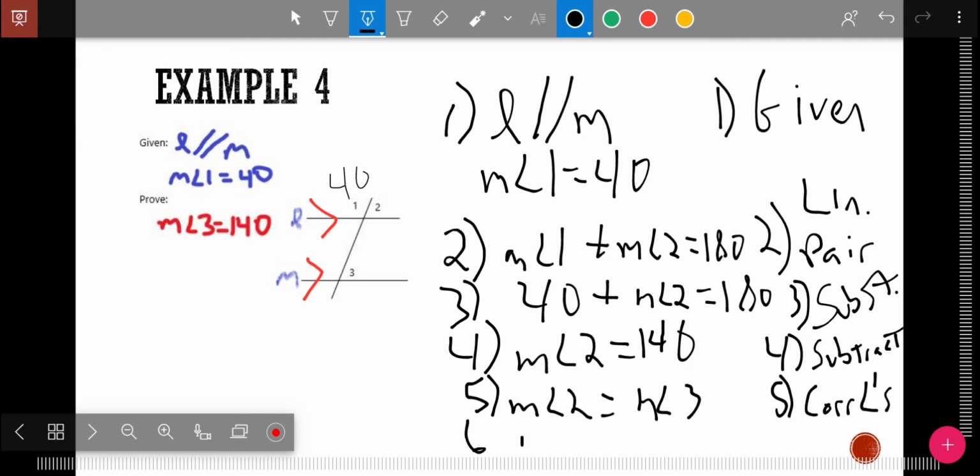And that means that the measure of angle 3 is 140 because it's the same as 2, because I just plugged 2 in, so that's substitution. And so I have proven that the measure of angle 3 is 140 degrees.